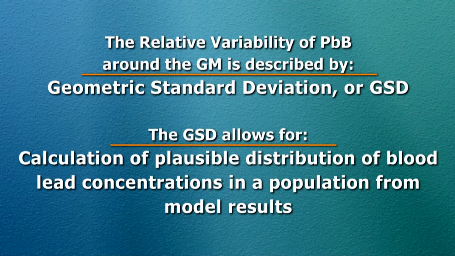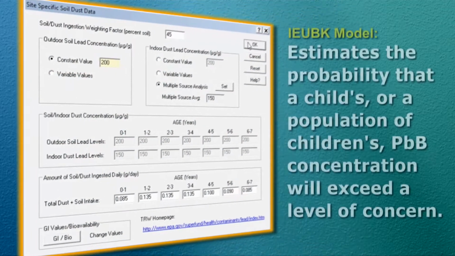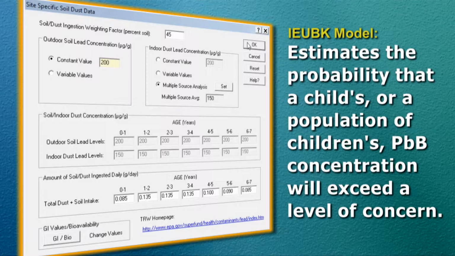The GSD allows for the calculation of plausible distribution of blood lead concentrations in a population from model results. From this distribution, the IEUBK model estimates the probability that a child's or a population of children's blood lead concentration will exceed a level of concern.